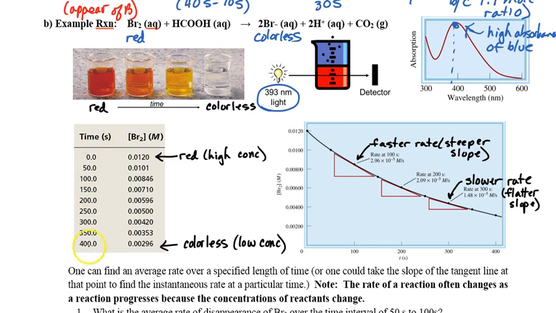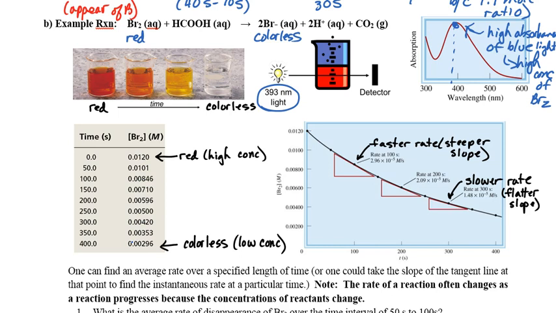So over time, you measure the absorbance and you see your absorbance change. So when you have high absorbance of that blue light, we have high concentration of Br2. It's a very red solution. So they just get all the concentrations.